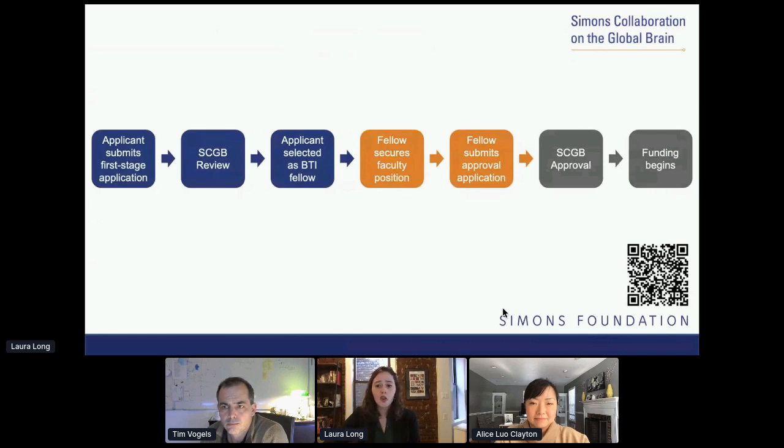In gray, once we receive the approval application, it's a non-competitive internal review, just intended to confirm that the fellow secured a position and adequate institutional resources to accomplish the Bridge to Independence research proposal.